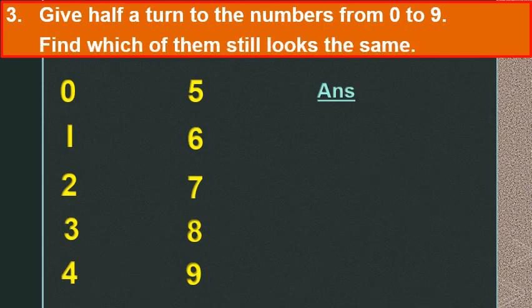Third question. Give a half turn to the numbers from 0 to 9. Find which of them still look the same. The first line, that is the line given, is of the original numbers from 0 to 9.